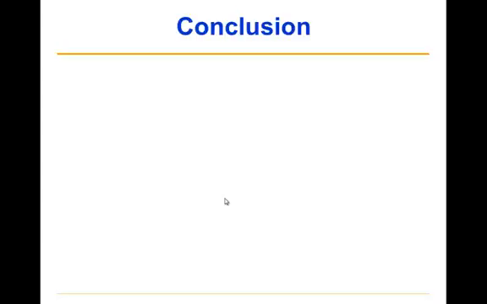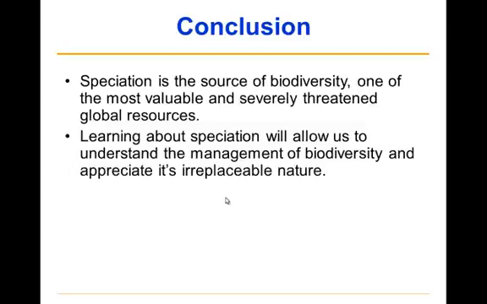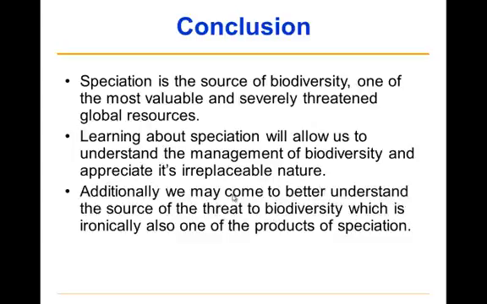So going through that evidence, we come now to the last slide of the presentation, and we say that speciation, of course, is a source of biological diversity, and this is one of the most valuable and yet one of the most severely threatened global resources. And learning about evolution and speciation will allow us to understand the management of biological diversity and really appreciate that it is irreplaceable.